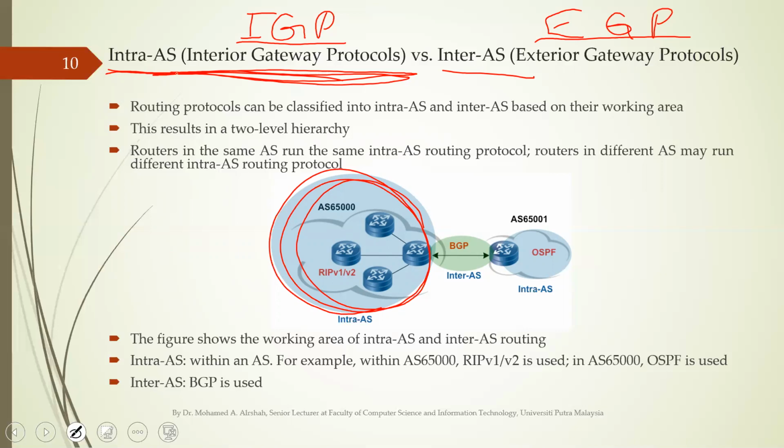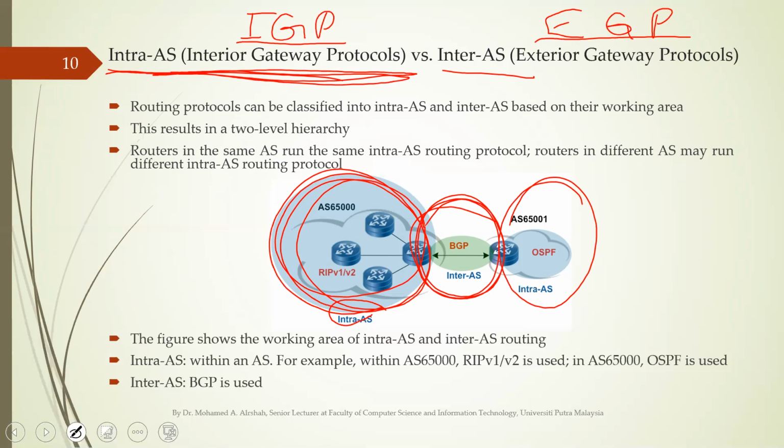So it's based on where they are working. Is it inside the autonomous system or between the autonomous systems? As you can see here, this one is intra, and here is another intra, but the one that is used to connect the two different autonomous systems is considered inter-AS.